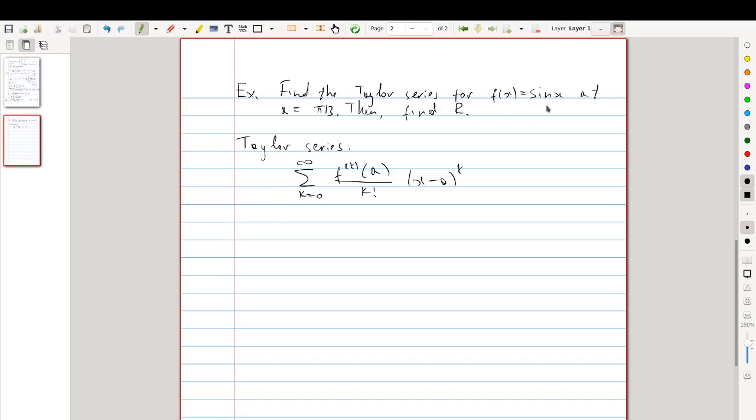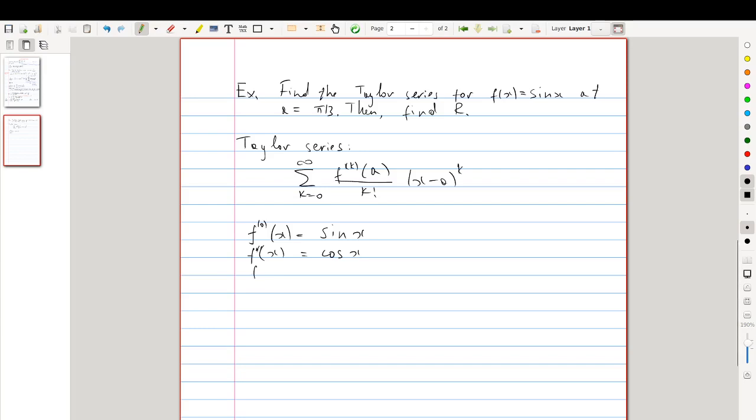Fortunately, derivatives of sine are periodic. They repeat with the order of the derivative, so this will not be very difficult to compute. Right, so the zeroth derivative of f, as usual, is f itself, in this case sine x. The first derivative is cosine x.